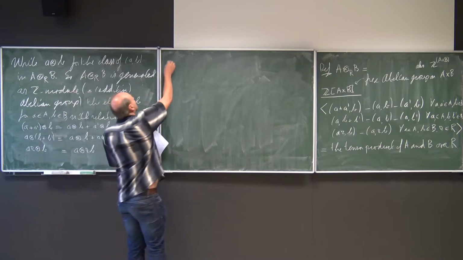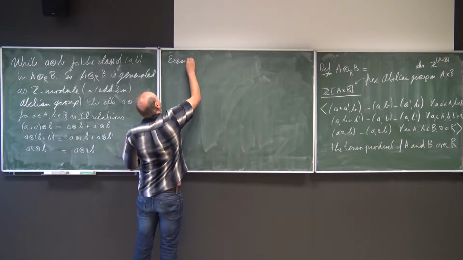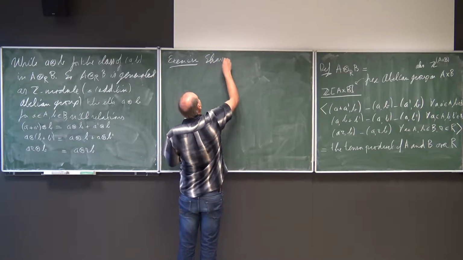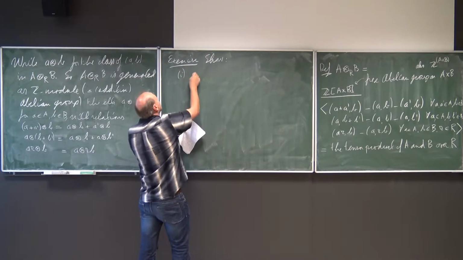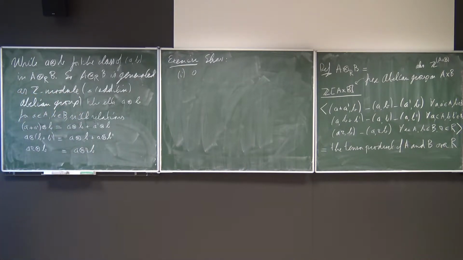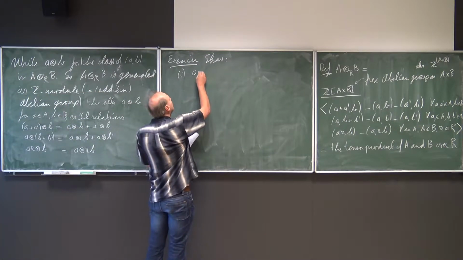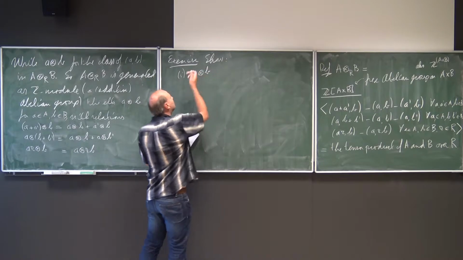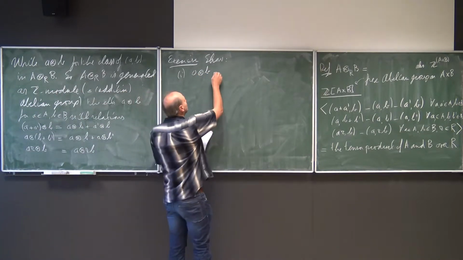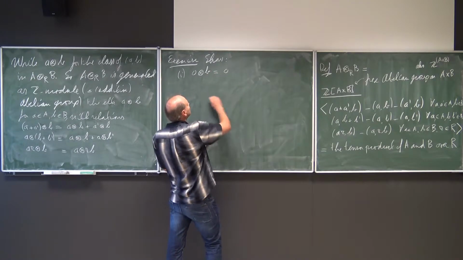So as a little exercise, show that we have a few properties, namely the 0. In order to keep the notation a little bit clean, I'm not going to write 0 sub A, which I should be writing, but it should be clear from the notation. If I write 0 tensor B, then this 0 is 0 of A. That is going to be the 0 of the tensor product. So this class is trivial.